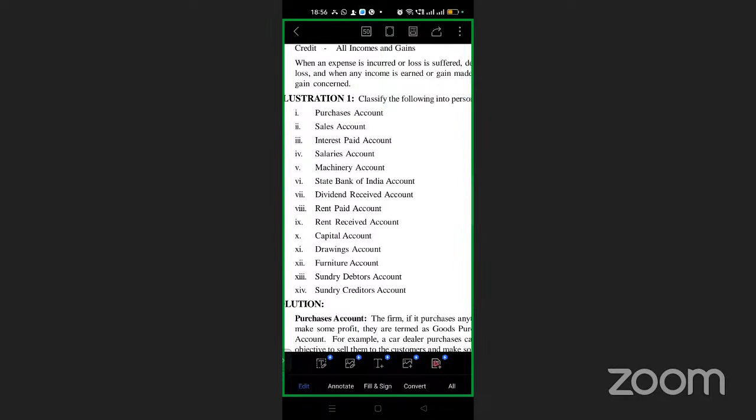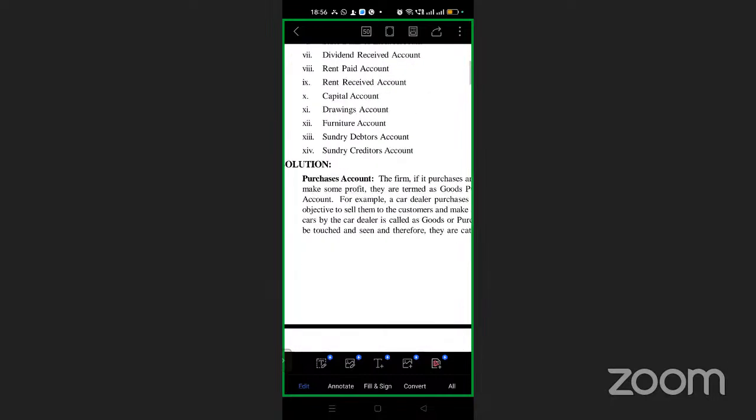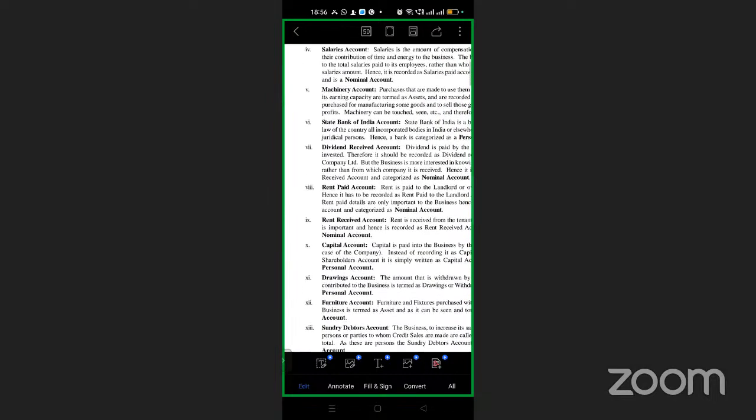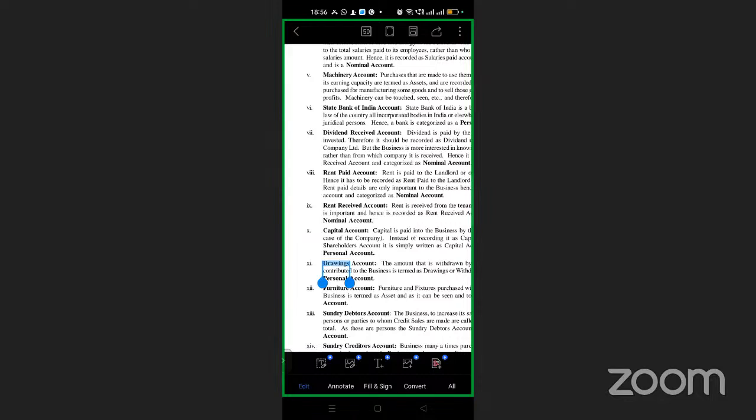Capital account. Capital is what? Capital means money, so it can be considered real. But who is bringing this capital? A person. We are not writing the person's name. So it comes under personal account.